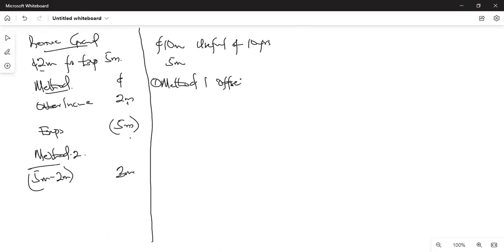The cost of the asset is straight away 10 million minus 5 million, which means the depreciation that will show up in your P&L will be the 5 million over the 10 years of the asset.